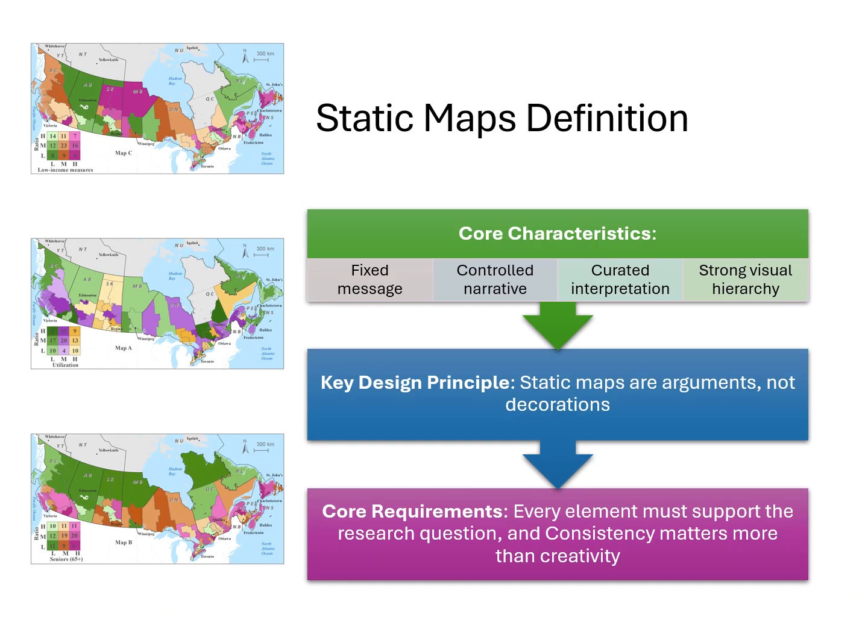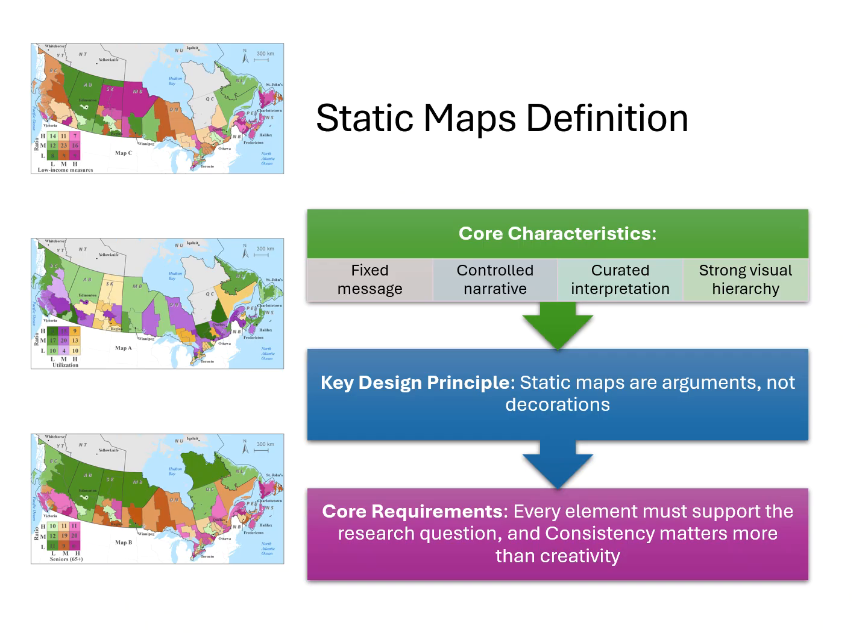So how do we define static maps? There are some core characteristics which we need to understand. They have a fixed message with a controlled narrative, and there is a curated interpretation that needs to be communicated with a strong visual hierarchy of the information.